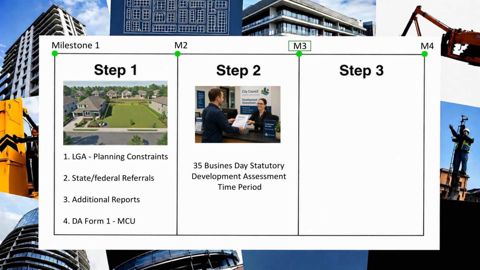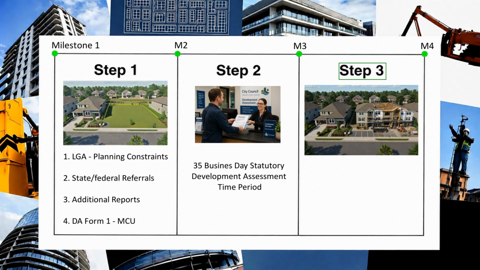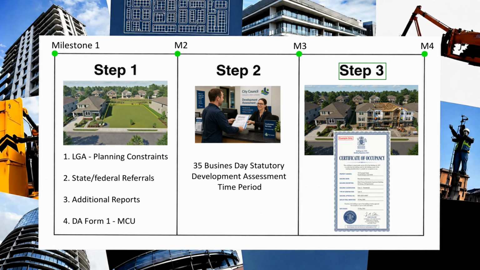We have approvals for the apartment complex and now can commence step 3, which involves construction. We engage a construction team to carry out the works as per the approved design plans and development permit conditions. And upon completion of the apartment complex, a building certifier will need to evaluate the works and issue a certificate of occupancy, which confirms the building meets industry standards as per the approved land use.